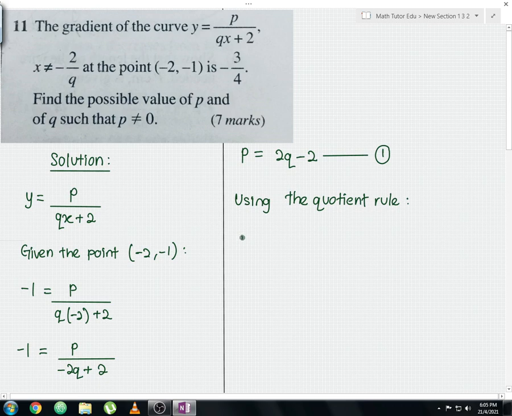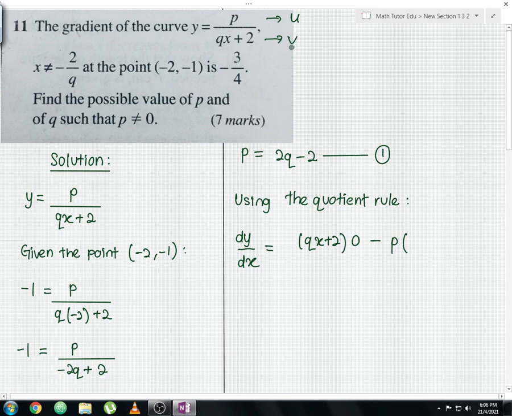from here your dy over dx will be equal to vu prime, so this will be your v and your numerator will be u. So from here vu prime, qx plus 2, you differentiate u, so since p is a constant, when you differentiate a constant you get 0. And then minus uv prime, so p times the differentiation of v.